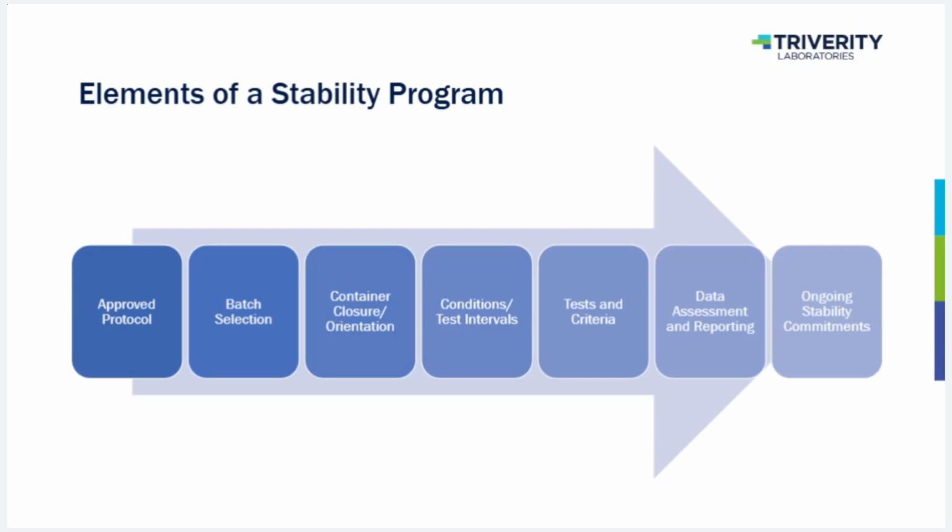The conditions that you're storing your drug substance and drug product at and your test intervals, your time points, the tests that you're performing, your CQAs, and then the acceptance criteria, your specifications for that. And then once the stability is done, your data assessment and your reporting, and then any ongoing stability and commitments, including your annual stability.